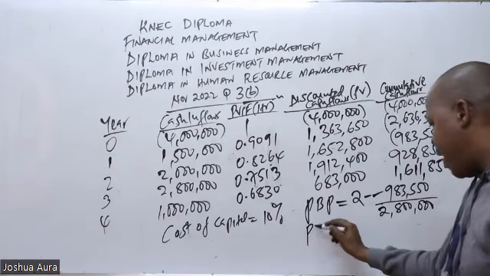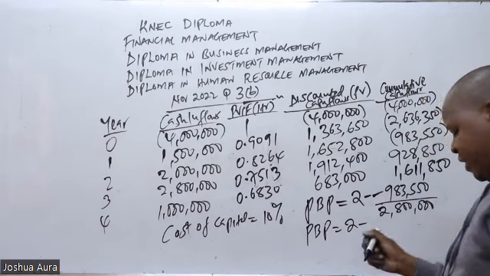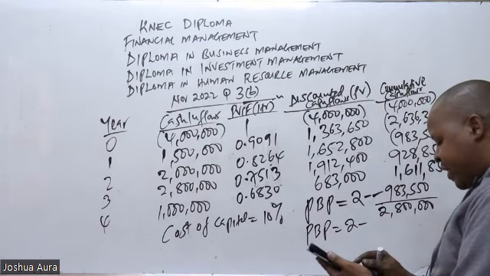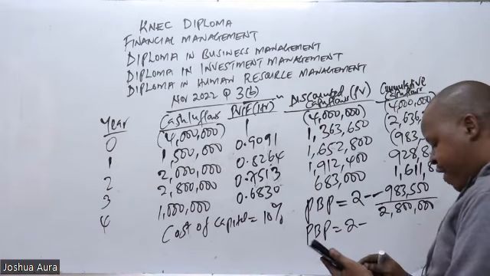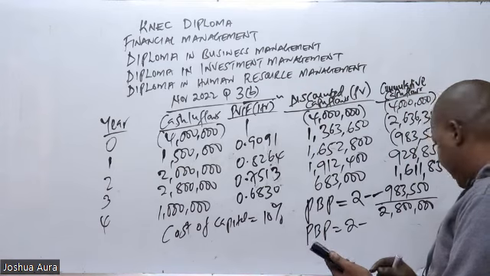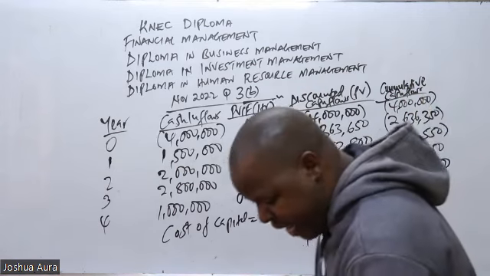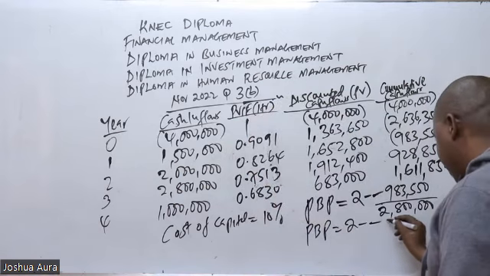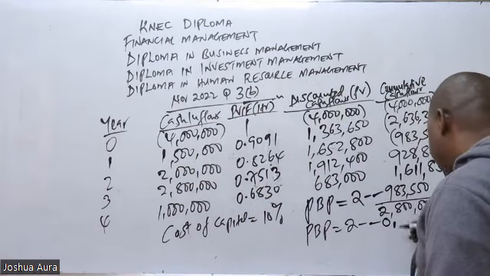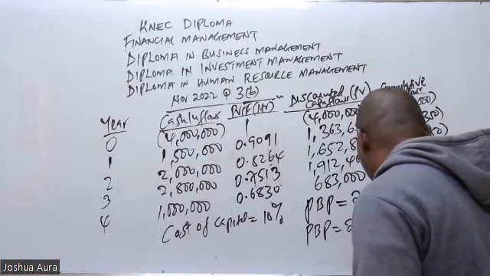So our payback period will be equal to 2 minus, can we take minus 983,550 divided by 2,800,000. What are we getting? We are getting minus 0.35, to two decimal places.